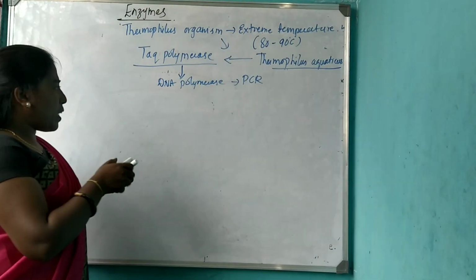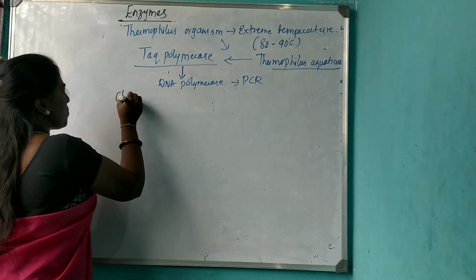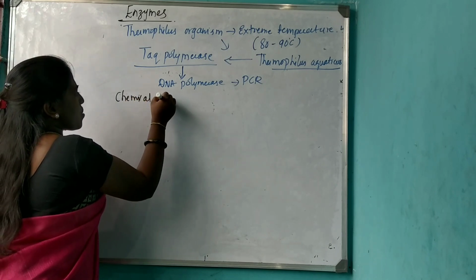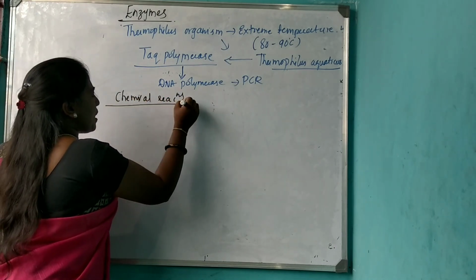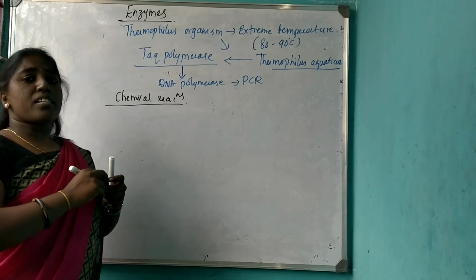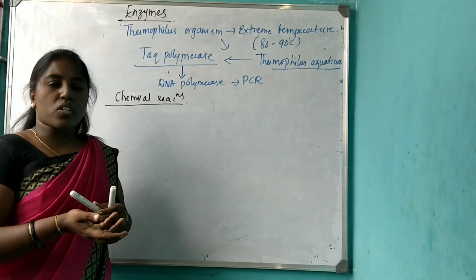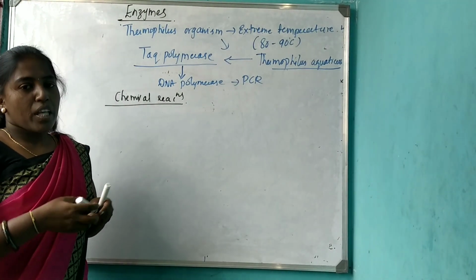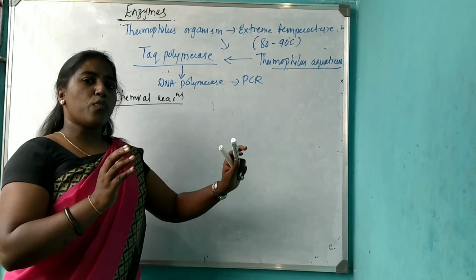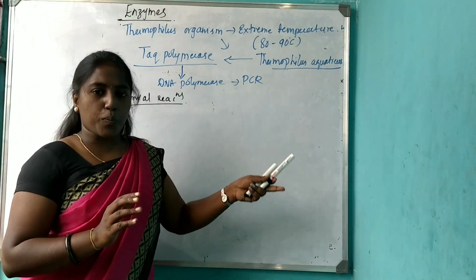Okay, so now chemical reactions. The chemicals can undergo a physical change or a chemical change. So the chemical compounds can undergo a physical process or a chemical process.